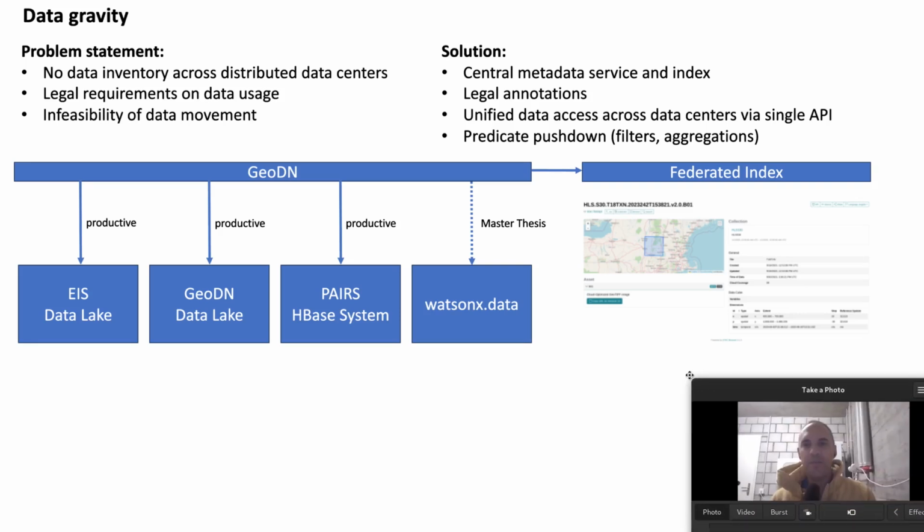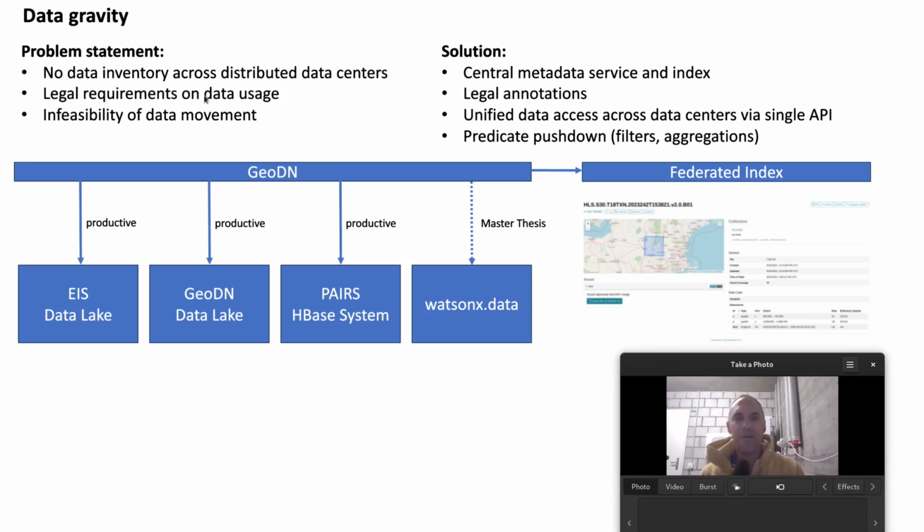And here we have an overview of how we address data gravity. In the simplest case, we use the centralized STAC index. We can federate over it, but at the moment we have a centralized one. And what we do is integrate different data sources. We have some sort of a plugin architecture, and we can pull data from COS, from Cloud Object Store S3, but also from HBase, or in the near future also from SQL engines.